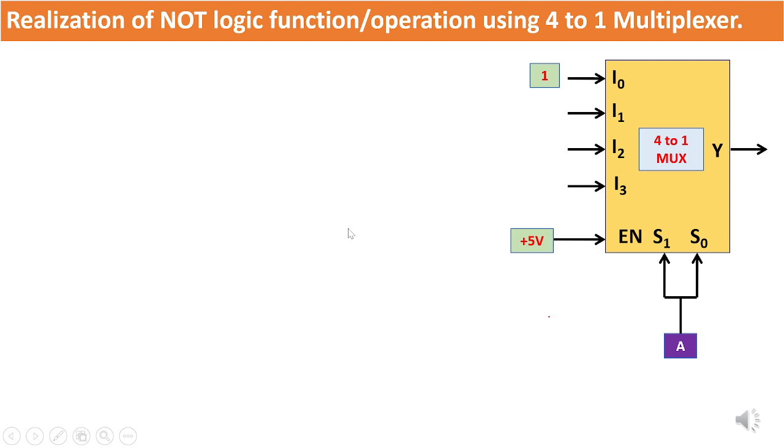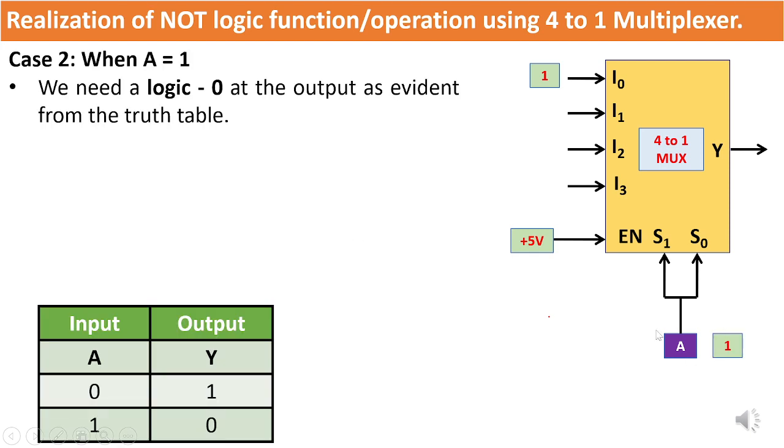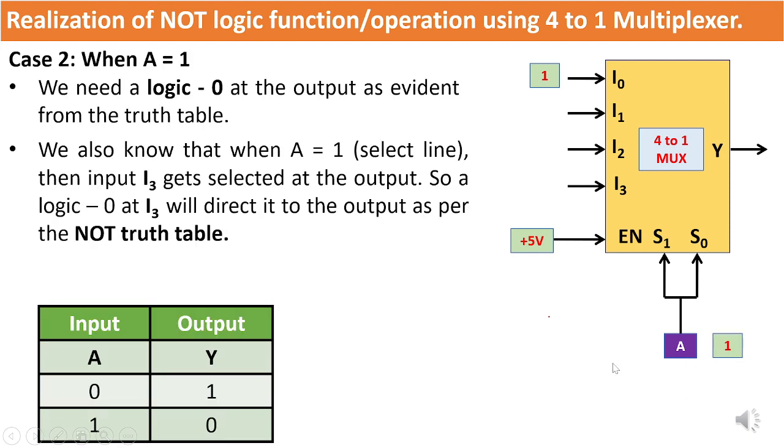Now, let's introduce a logic high signal to the select line, which serves as the input for our NOT gate. In this configuration, we connect A to logic 1, effectively providing a logic high to both select lines, S1 and S0. This, in turn, causes the input line I3 to be chosen at the output.